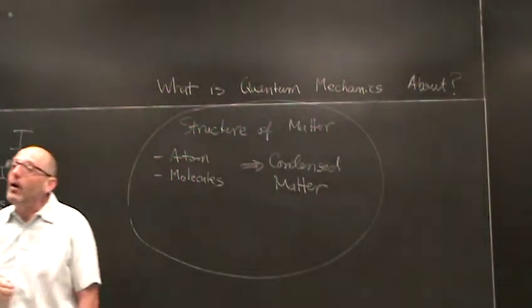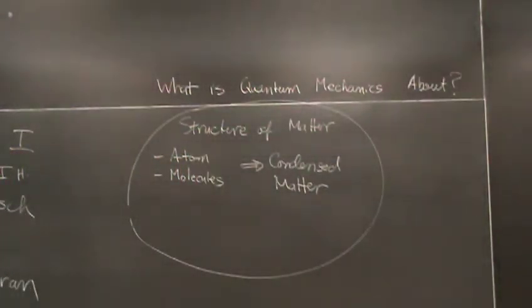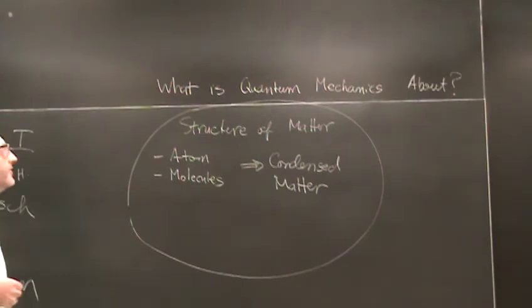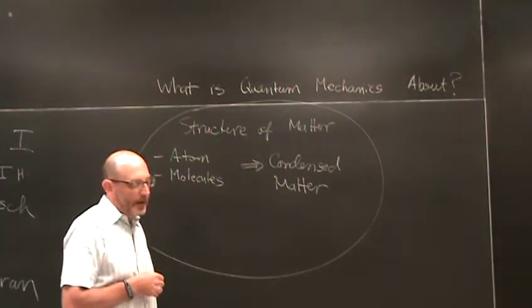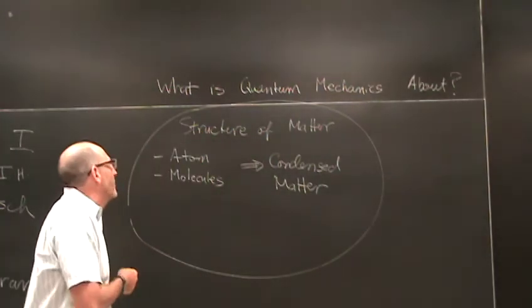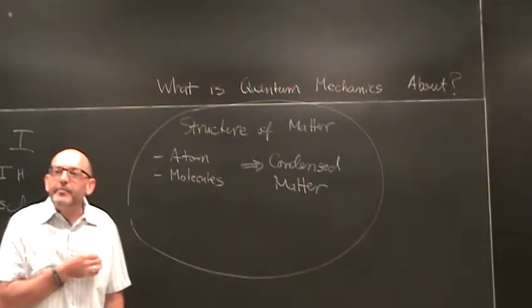Talking about all of that structure of all of matter, common matter if you like, is a major topic of quantum mechanics, and in some courses this is all you study.